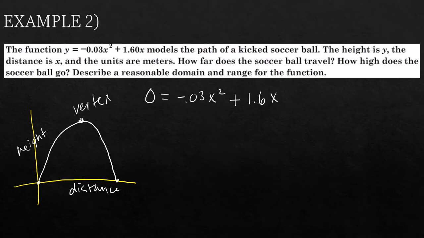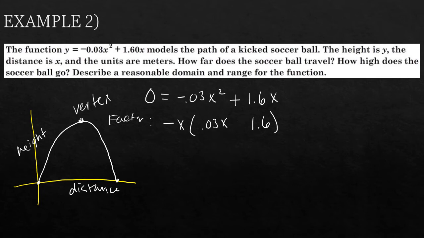So just like we did before, we're going to factor. We can factor out a negative x, and we're left with 3 hundredths x plus 1 and 6. Not plus.